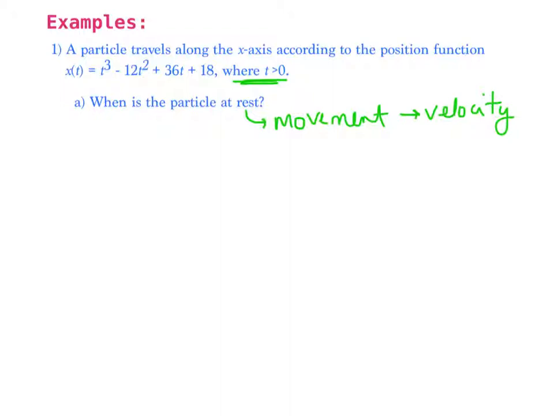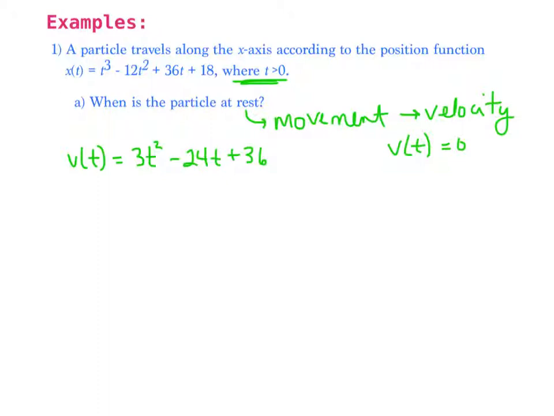So I need to go ahead and take the derivative of the position function to get my velocity function. That would just be 3t squared minus 24t plus 36. And again, when is it at rest would mean that the velocity would be equal to 0.